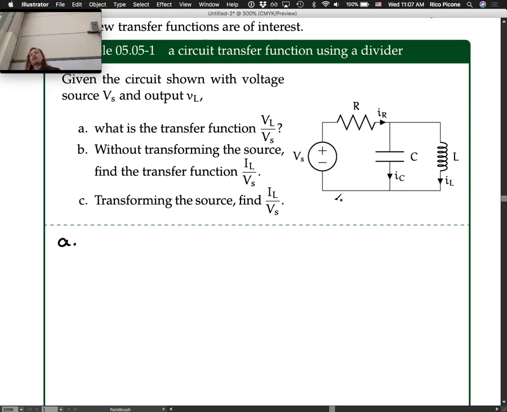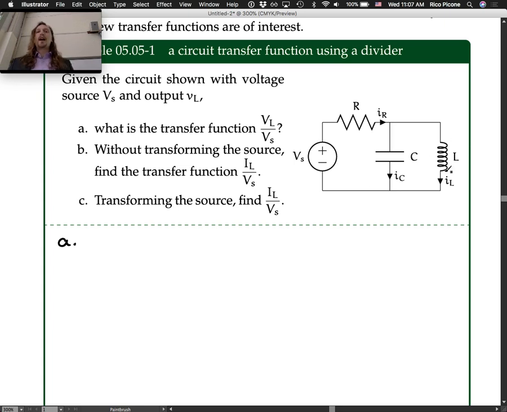A voltage divider would be perhaps our best candidate for a couple reasons. We're interested in voltages, so a voltage divider gives us those directly. It works in voltages, so if we can use a voltage divider, that would be preferable. We don't have to transform anything at the end. So we're looking for a voltage divider.